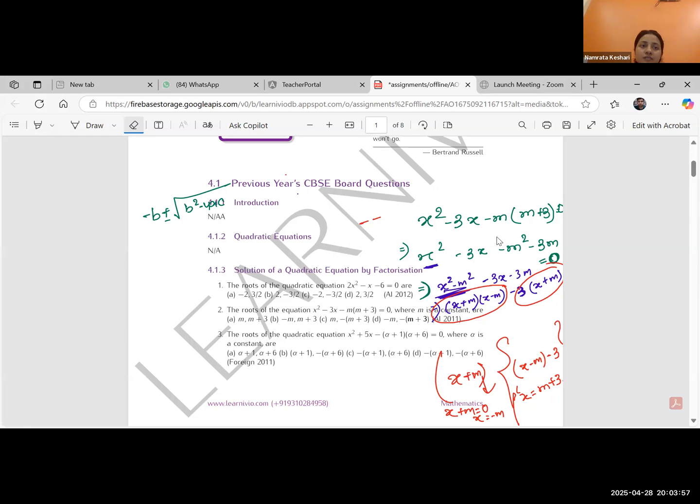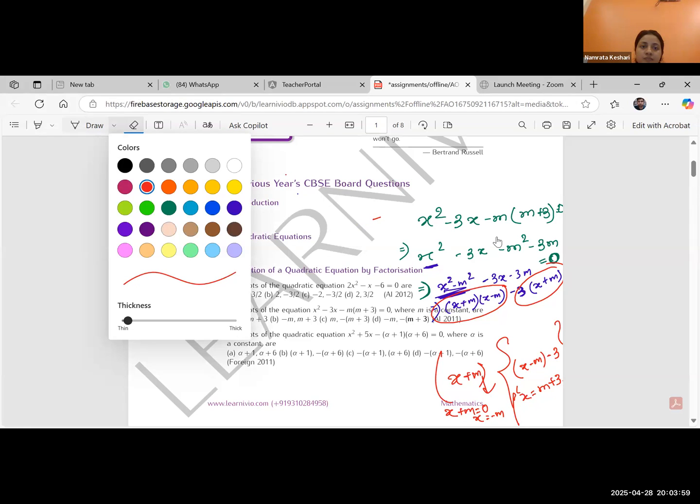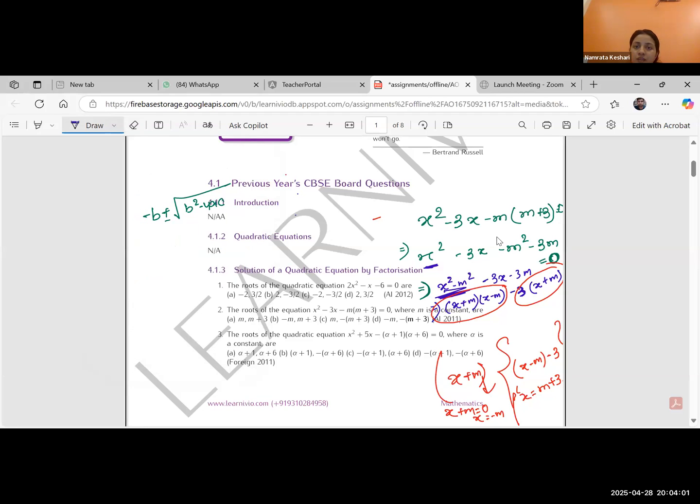Over here you can see clearly our B is minus 3, right? And our C is minus m multiplied with m plus 3. Any confusion?